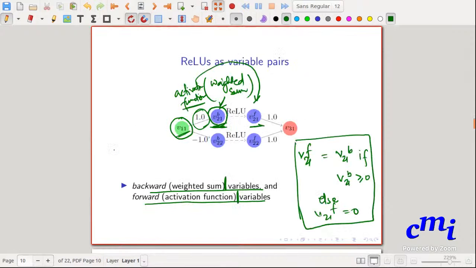Similarly, what is VB22? VB22 is minus V11. So we'll take this on the other side. We'll say that VB22 plus V11 is equal to 0, and instead of this, we'll call it A2 and we'll force that A2 is 0.